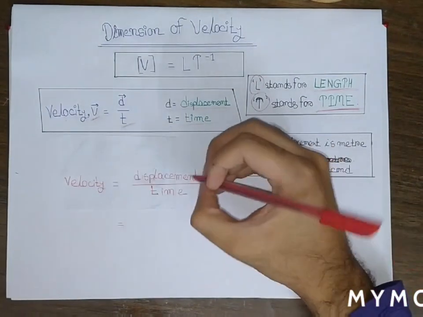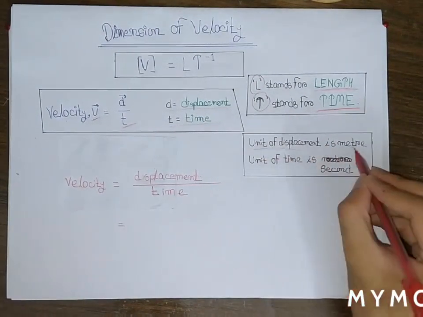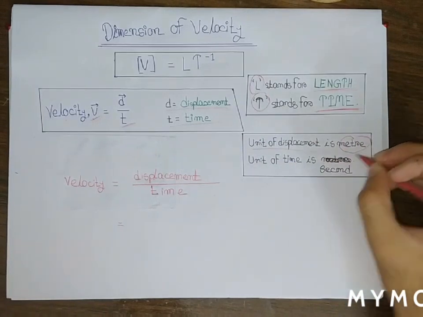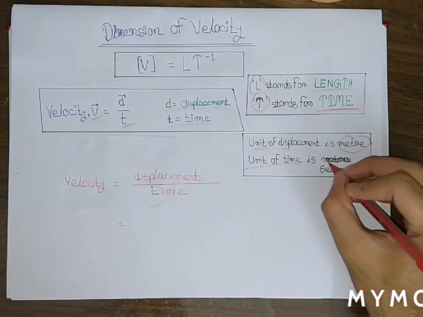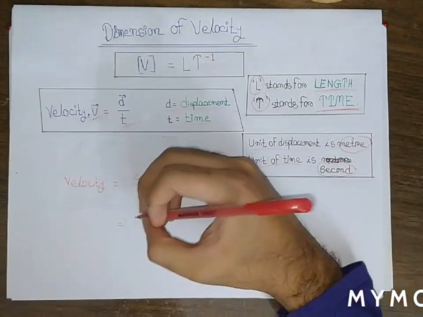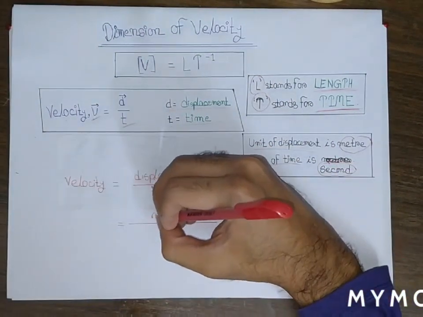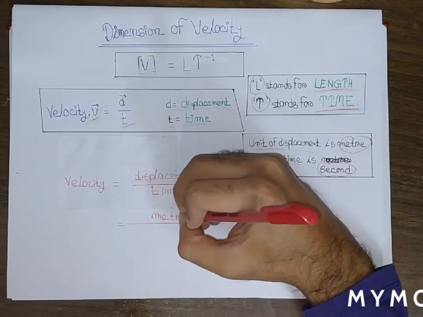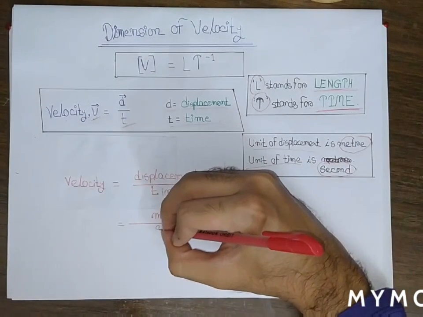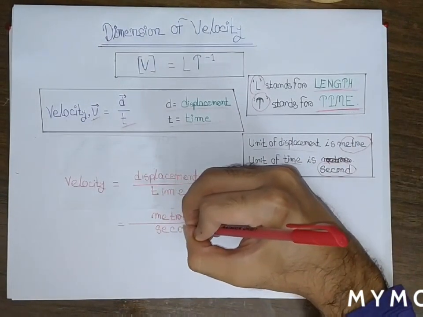Now, we know the unit of displacement is meter and unit of time is second. So we can write meter divided by second.